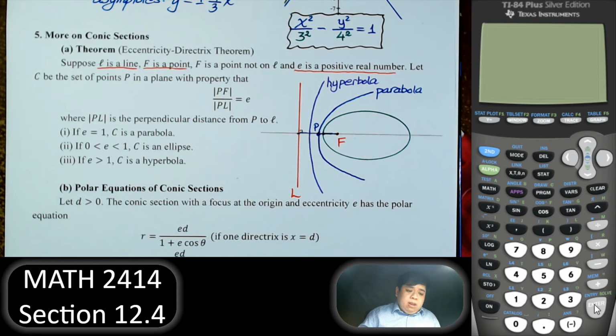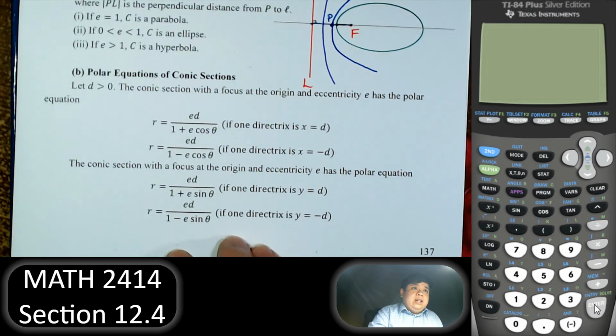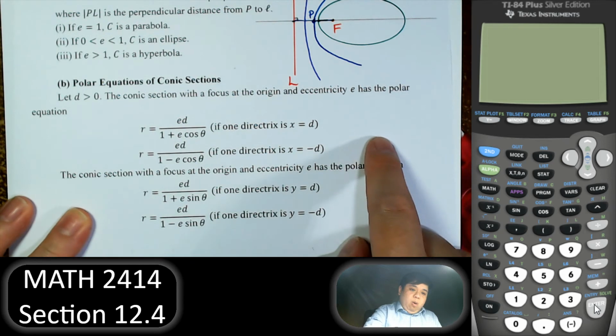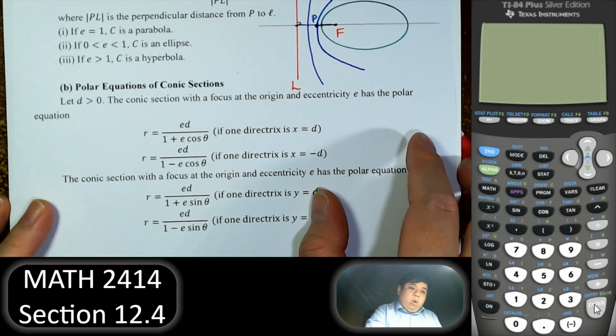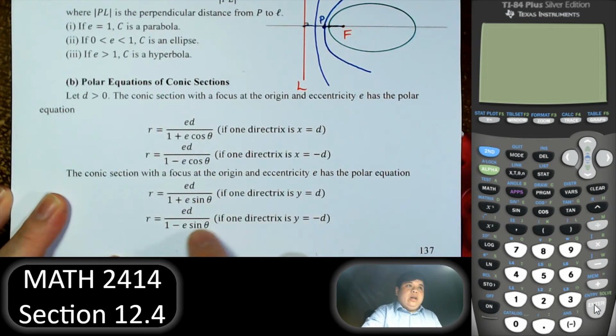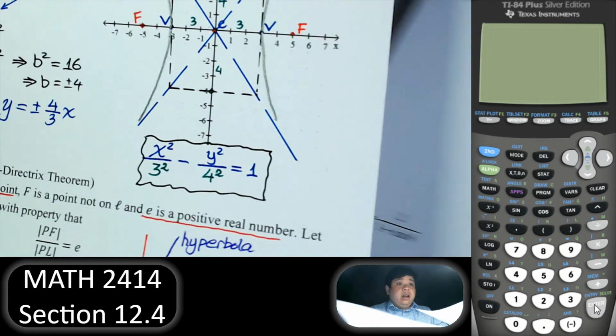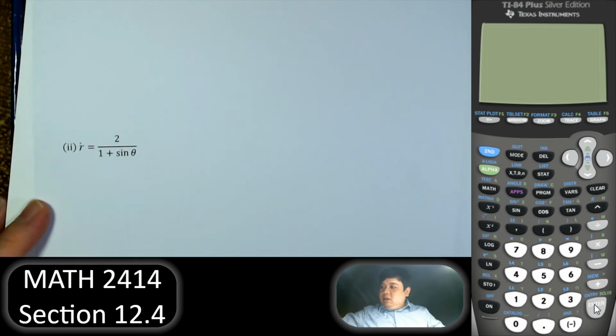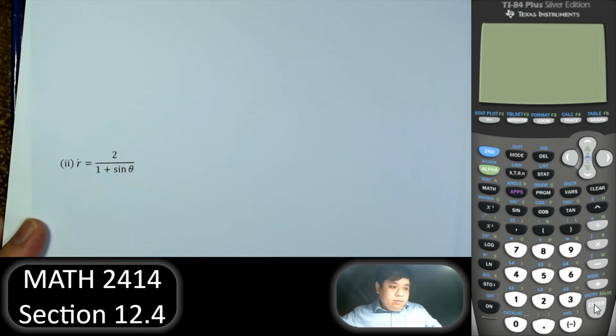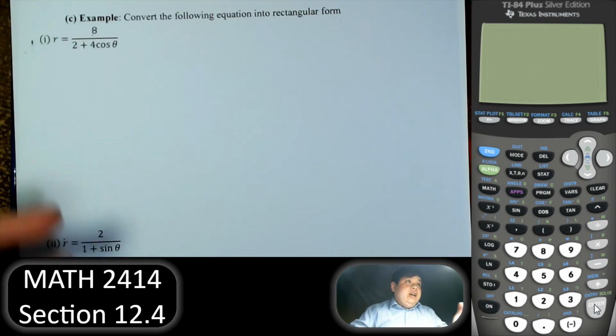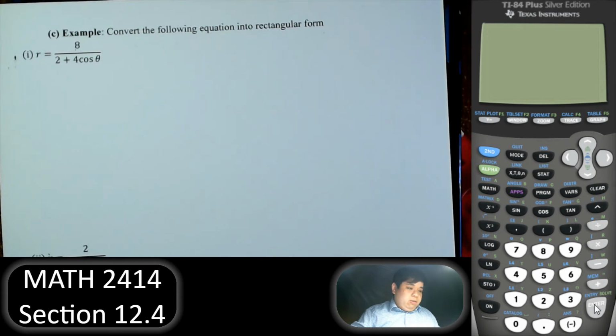Anyway, so in a different form, we can write this in polar coordinates. The equation will be given in this form. Now, the last thing we'll do is convert this from polar form into rectangular form.